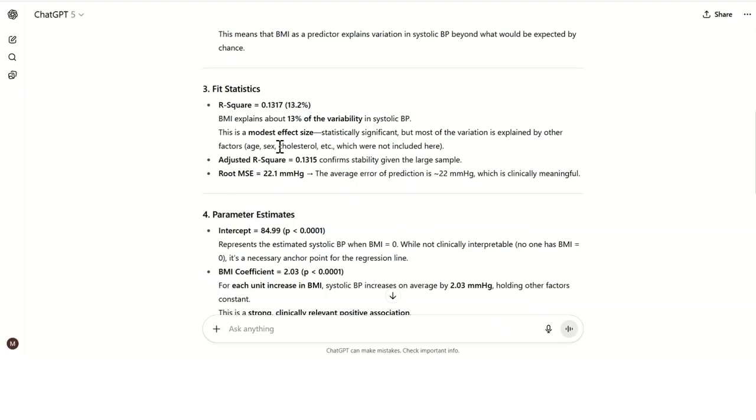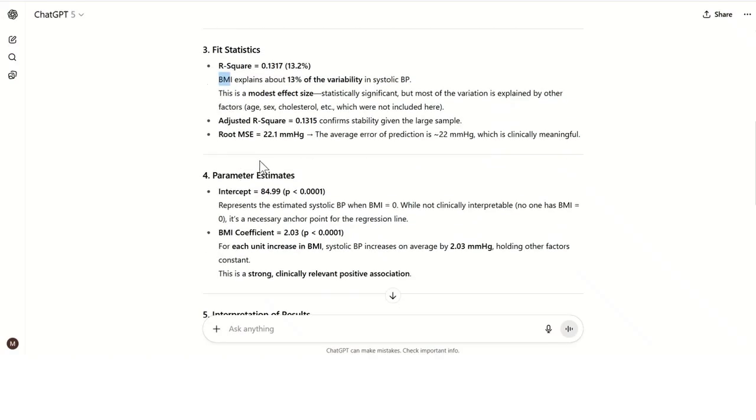So from that perspective, 13% is a quite modest contribution to the variability in systolic blood pressure by BMI. So this is a modest effect size, statistically significant, but most of the variation is explained by other factors, maybe age, sex, cholesterol, and so on. We already know that there are a bunch of factors contributing to systolic blood pressure, not only BMI.